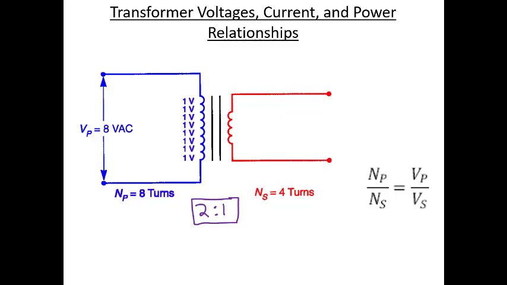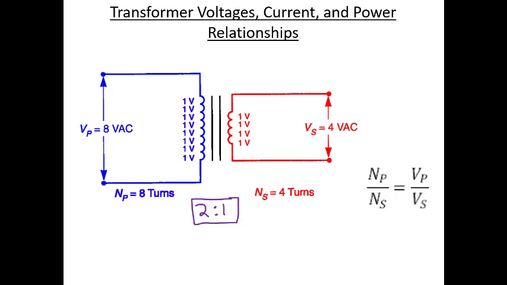So that means that on the secondary, each turn is going to get 1 volt. This one is set up this way just so you can visualize it easily, each turn is worth 1 volt because that's what's supplied. So every turn that I have on the secondary also gets a volt. If I have 8 turns and 8 volts, every turn in this transformer is going to either use 1 volt or generate 1 volt, which means that we'd have 4 volts AC on the secondary.